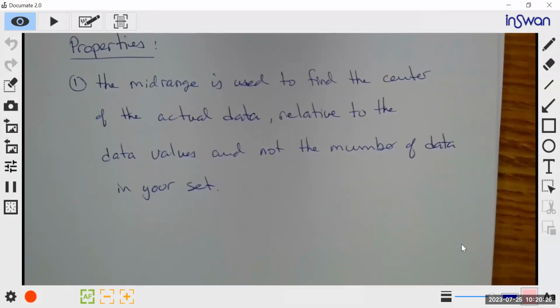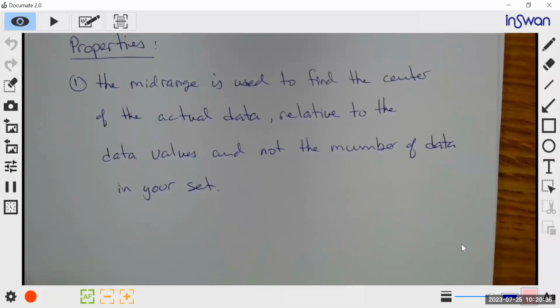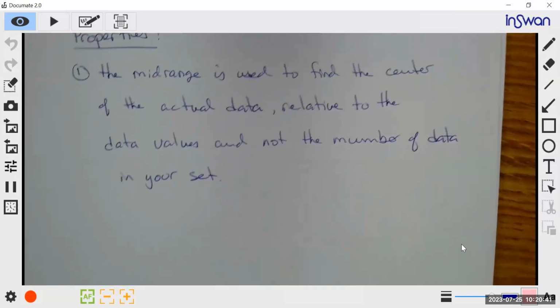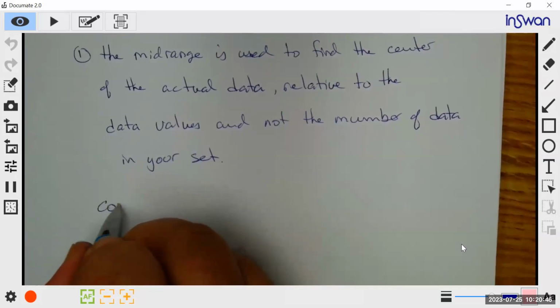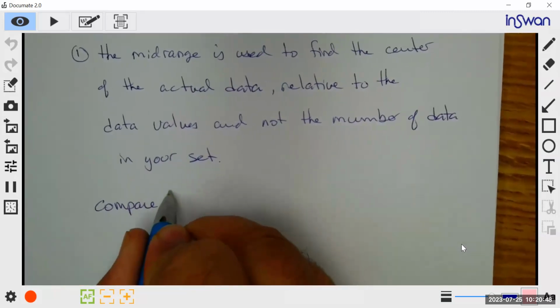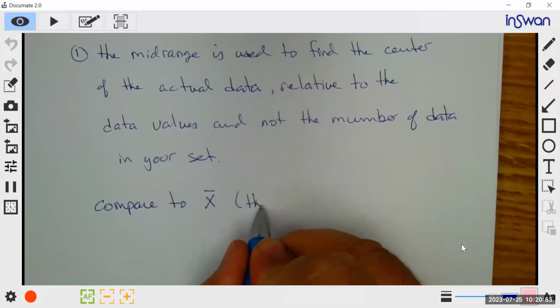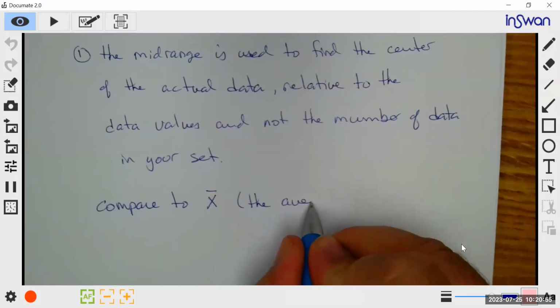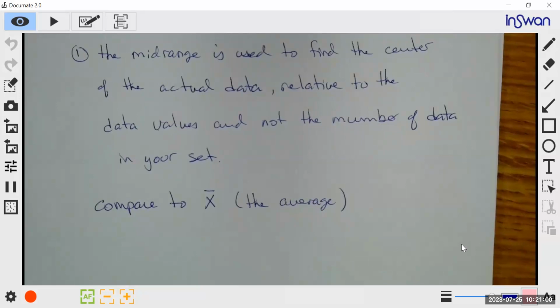What value is this hopefully close to? It's just the midpoint. Not the median, the average, yeah. You compare it to the average of your data set, see what you get.